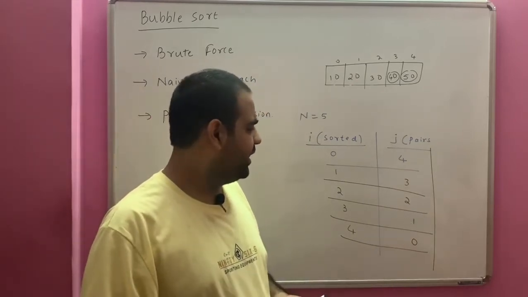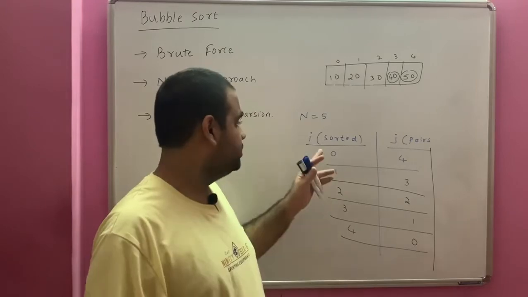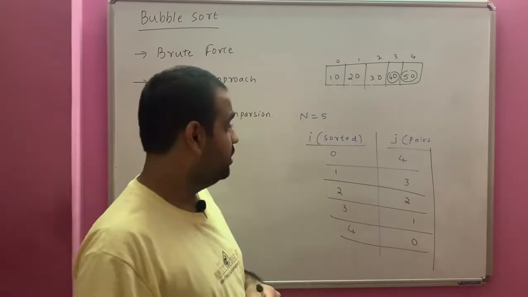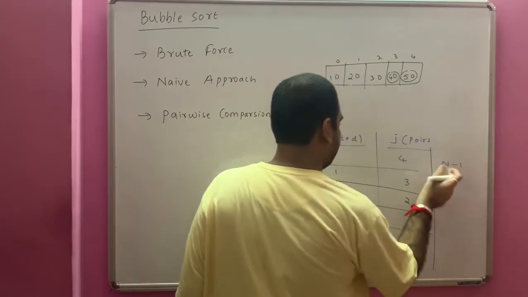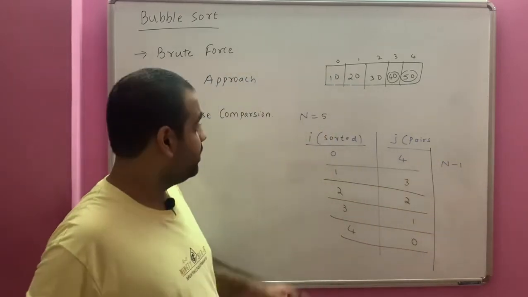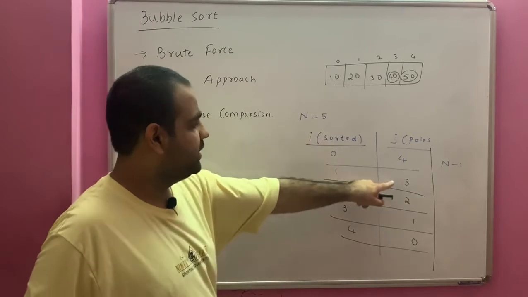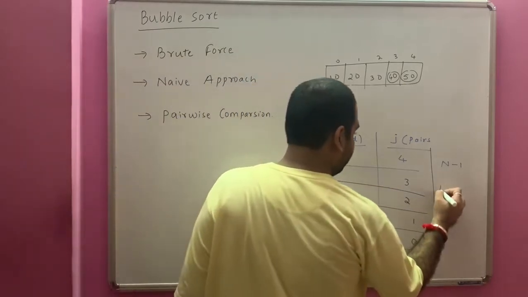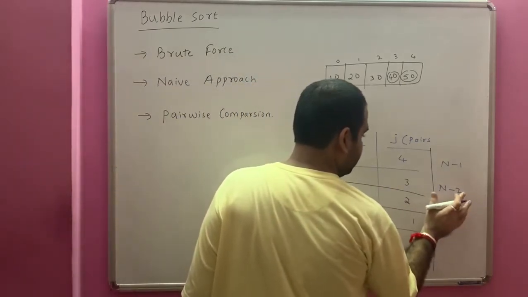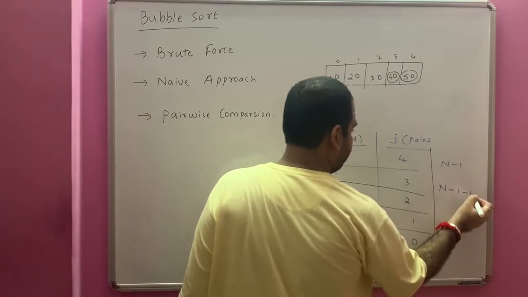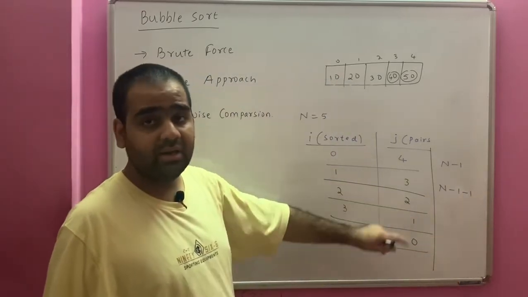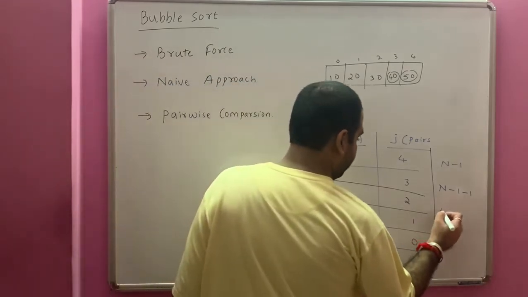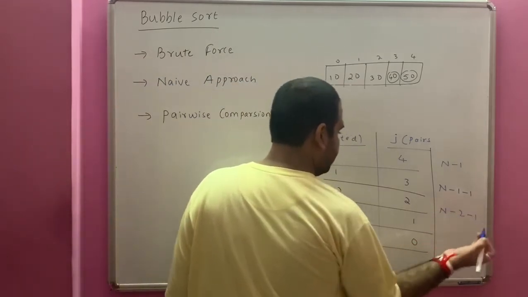And now, what is the relationship between i and j? Now n is 5. I can write it as n minus 1 because 5 minus 1 is 4. For 3, I can write it as n minus 2, but n minus 2 can be written as n minus 1 minus 1. For 2, I can write it as n minus 3, or you can write it as n minus 2 minus 1.